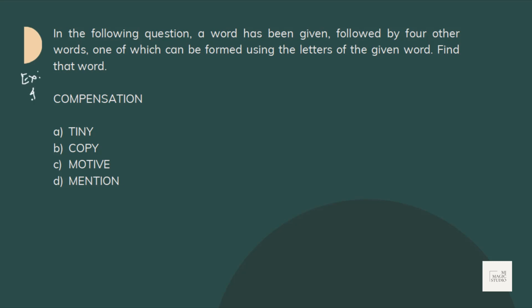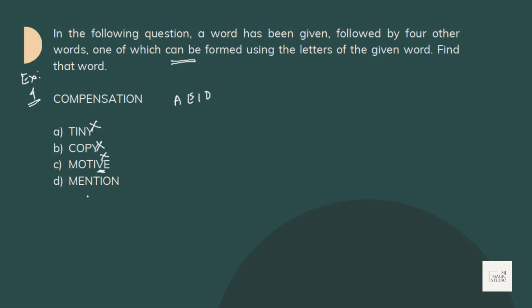Okay, so we are on with our example 4 for this video. In the following question, a word has been given followed by 4 other words, one of which can be formed. Compensation. A, E, I, O, 4 vowels are there. AEIO is there. ITINY, Y is not there, gone. MOTIV, but where is V?